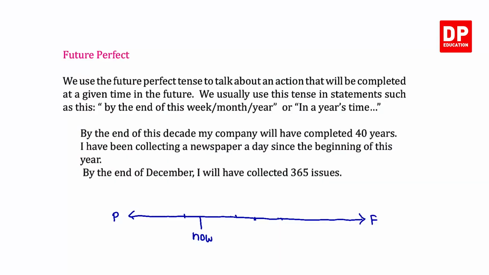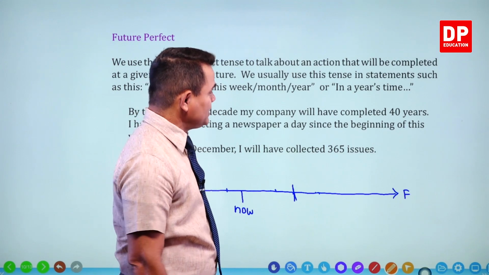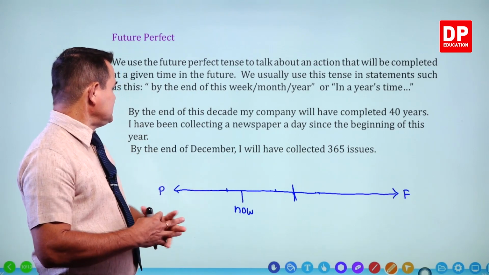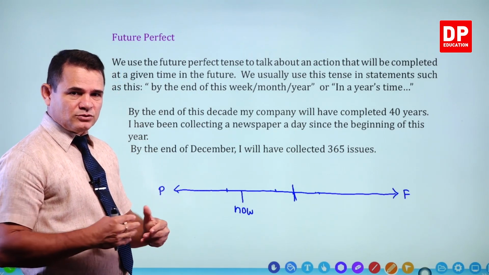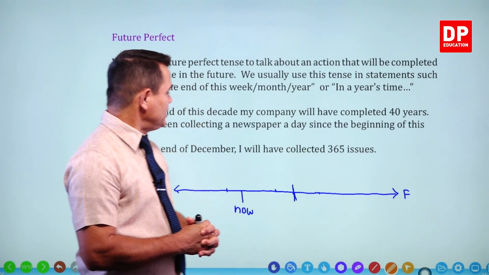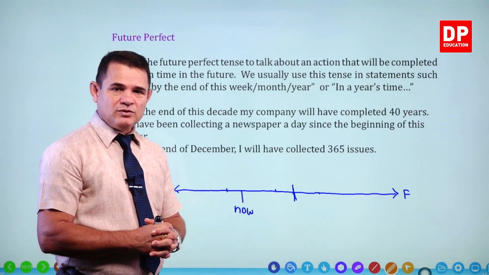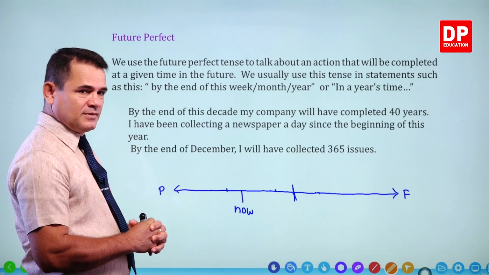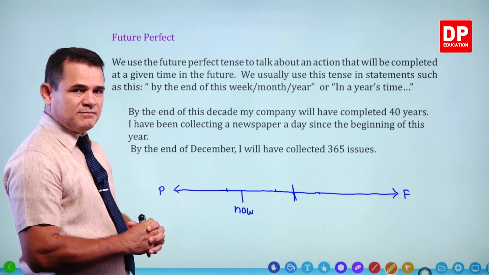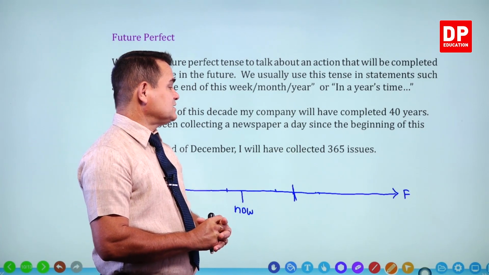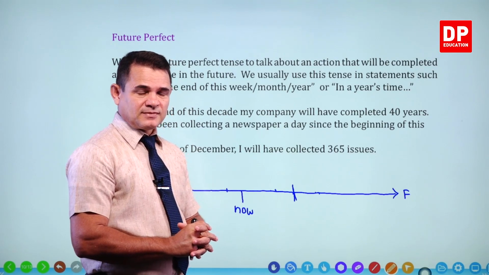Now look at this one. I have been collecting a newspaper a day since the beginning of this year. By the end of December, I will have collected 365 issues.